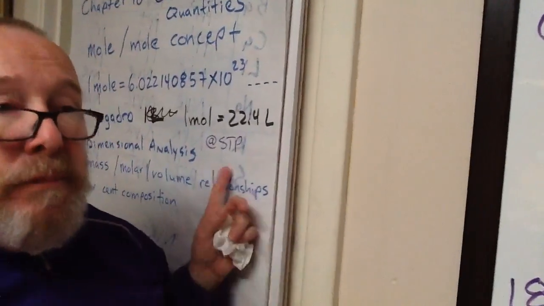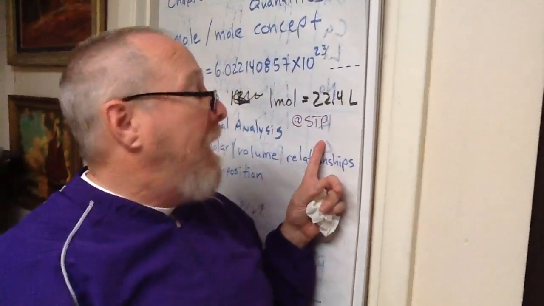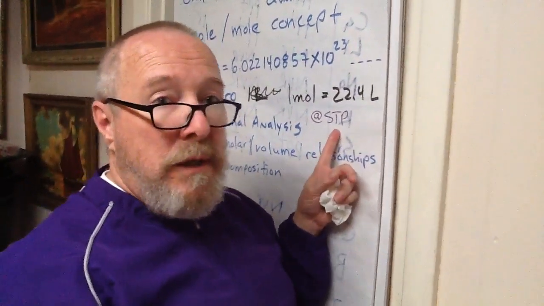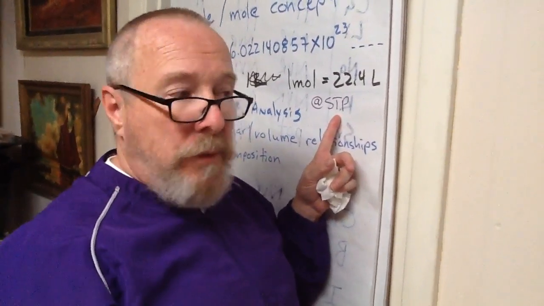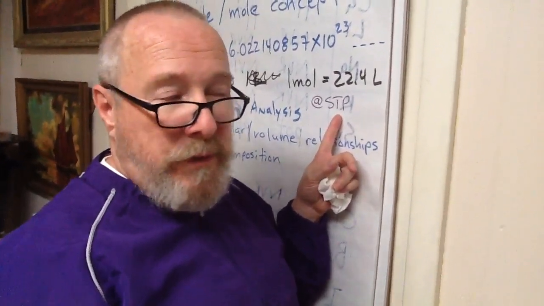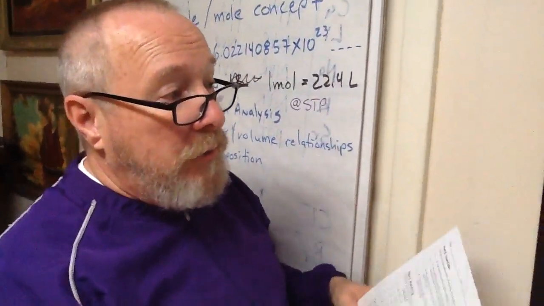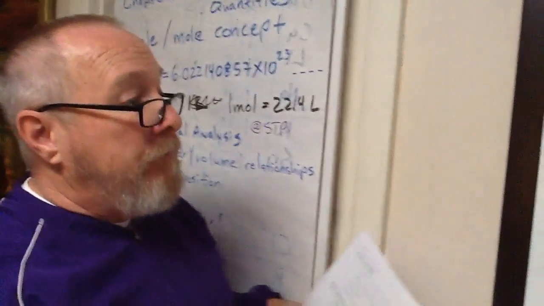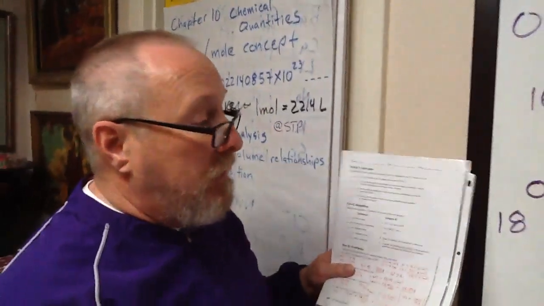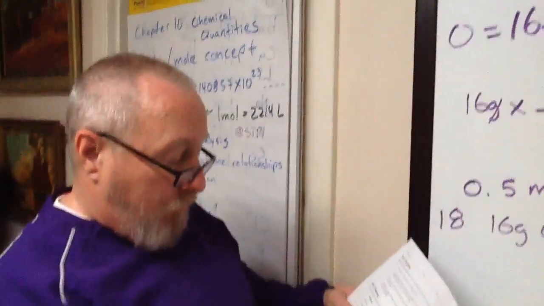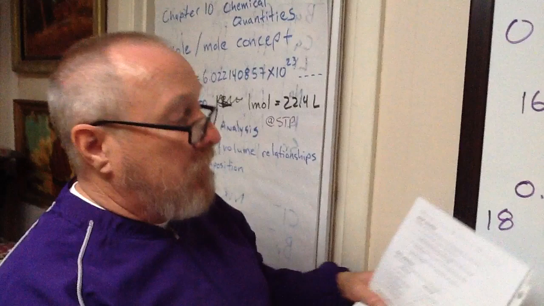The standard temperature is 0 degrees, and the standard pressure is at sea level. Okay, so we're a little bit above sea level, and we're hopefully not working at 0 degrees. But that's my standard temperature and pressure. There's another one, prime, where it's at 25 or 20 degrees or 22 degrees, cool room temperature. But this is standard temperature and pressure.